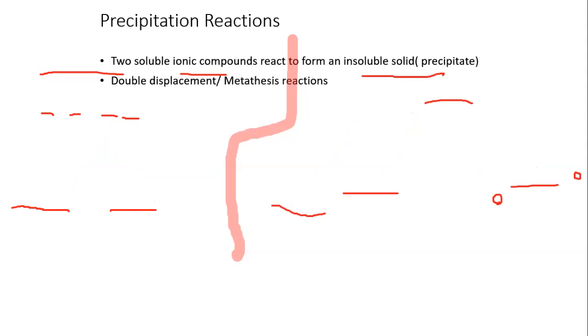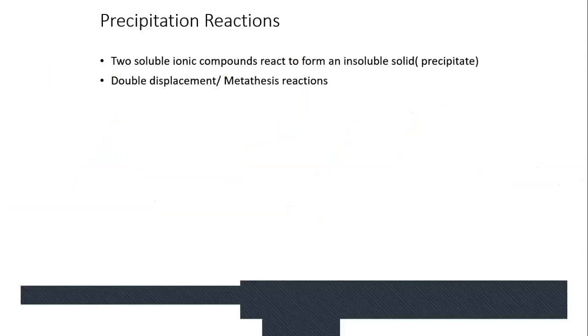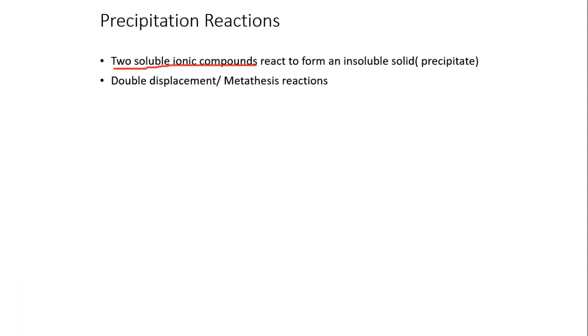So first we want to look at precipitation reactions. For precipitation reactions, you're going to need two soluble ionic compounds to react to form at least one insoluble precipitate. Again, the reactants have to be soluble compounds, so of course we're going to be looking at solubility rules.